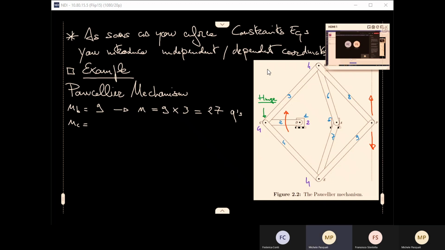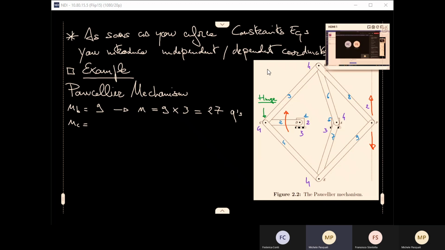Then here we have how many? 4. You see, because they are always 3 bodies connected. And here we have 2. But then again, body 1, for example, is also clamped to the ground, right? So you have 3 more. And body 5 is fixed to the ground as well, so you have 3 more.